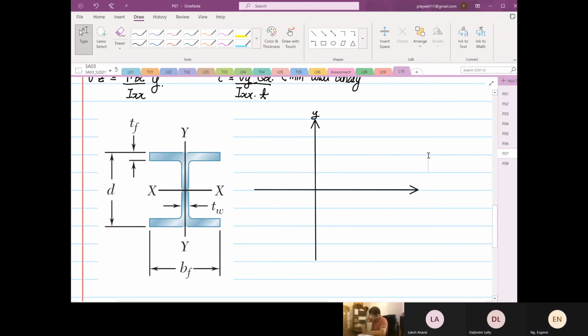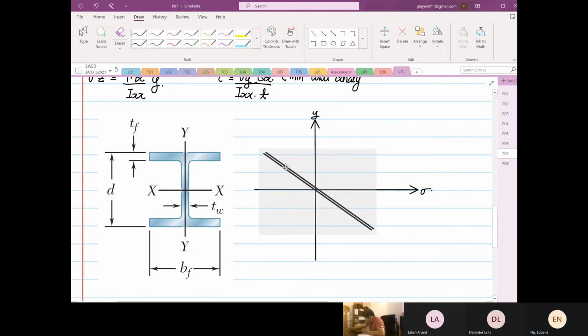Under normal stress, this is just a sketch, we will have one diagram looking like this. There's no eccentric loading.